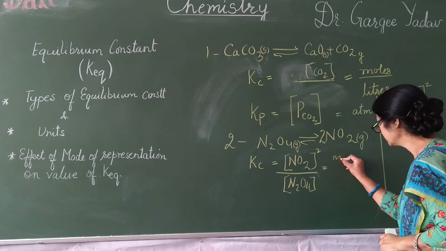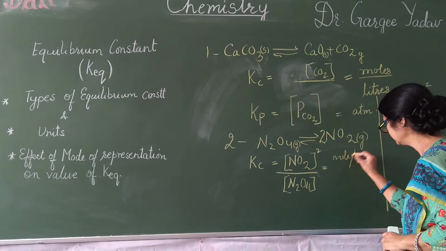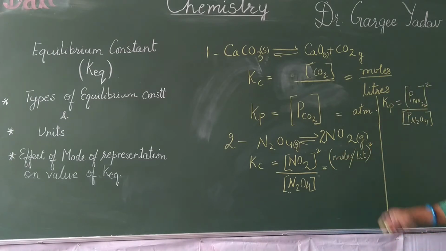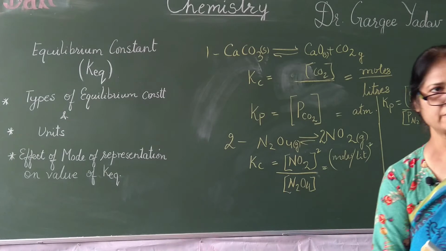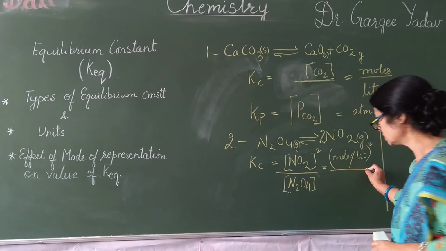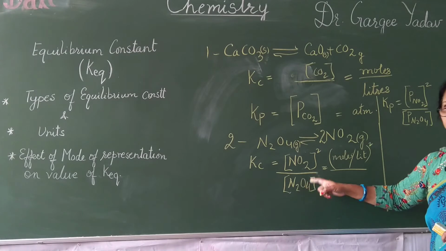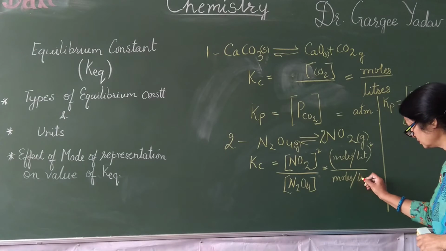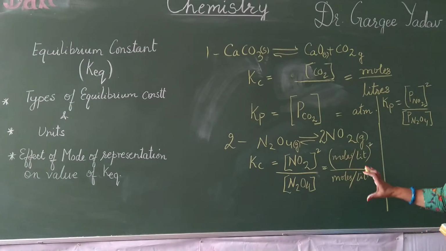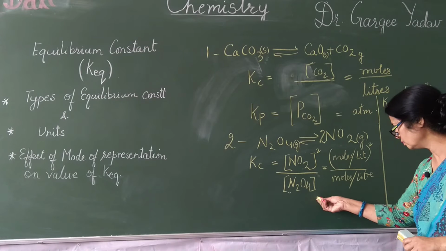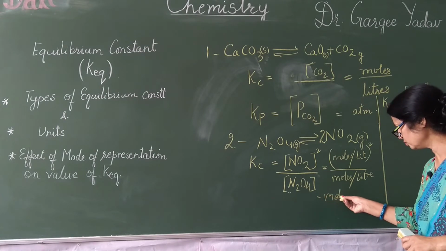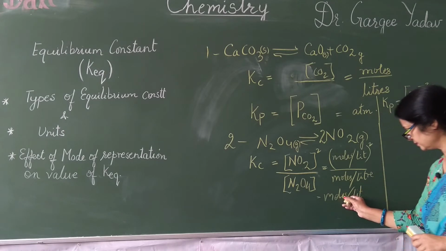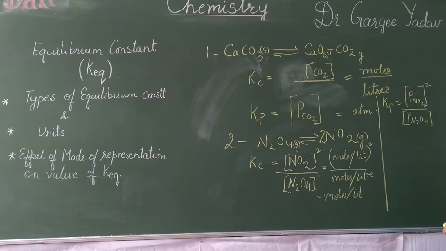So it will be moles per liter raised to the power 2, divided by moles per liter, since the stoichiometry is 1. Obviously, one of the moles per liter will get cancelled and what remains is moles per liter. So the unit will be moles per liter.